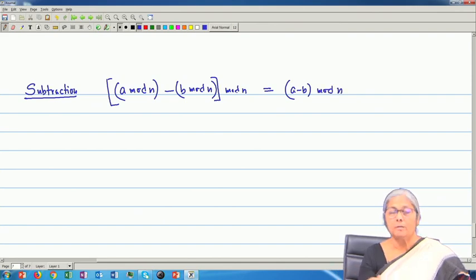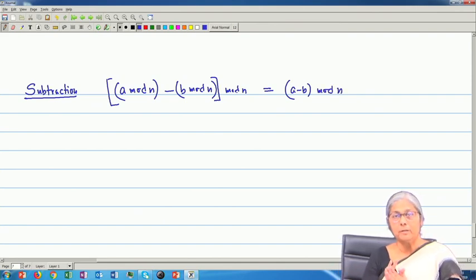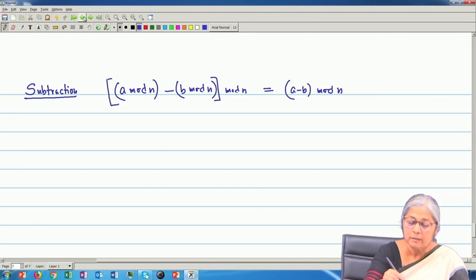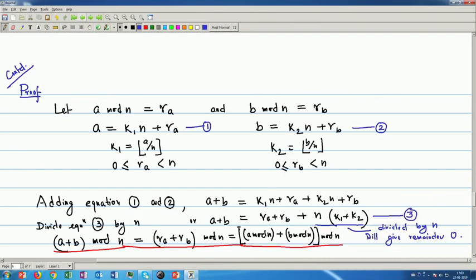The way we proved the addition property for the modulo operator, we can do the same, only that where we added, this time we subtract equation 2 from equation 1, and the remaining things are the same.